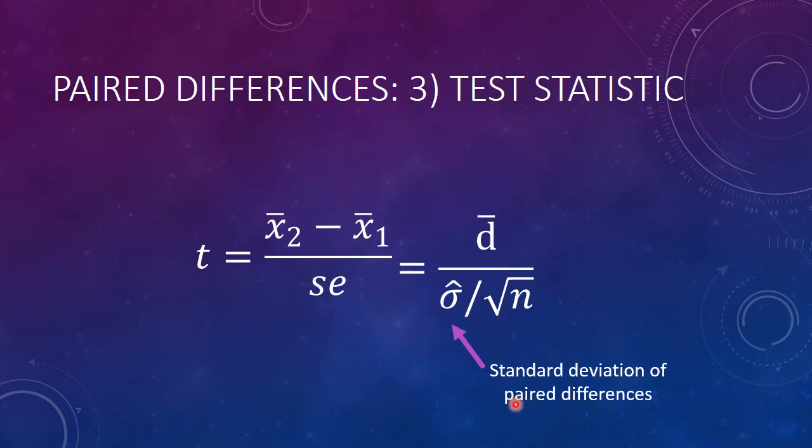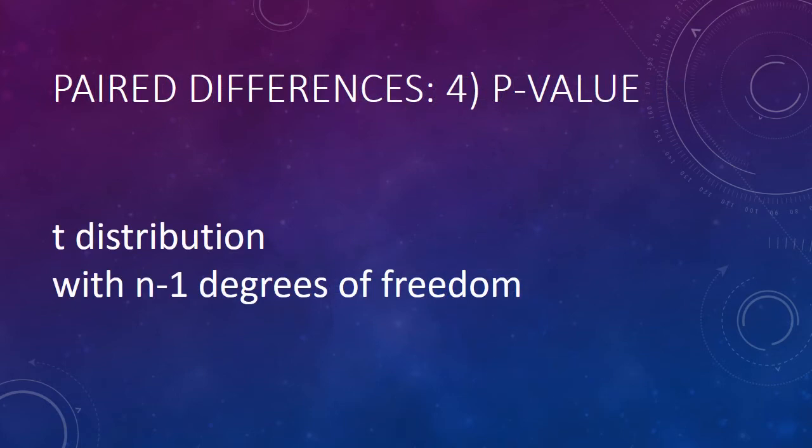Here, the standard deviation that we're going to use is the standard deviation of the paired differences, not the original measurements. This test statistic has a t-distribution, and the number of degrees of freedom is one less than the number of pairs or the number of subjects, just like in our test of a mean.